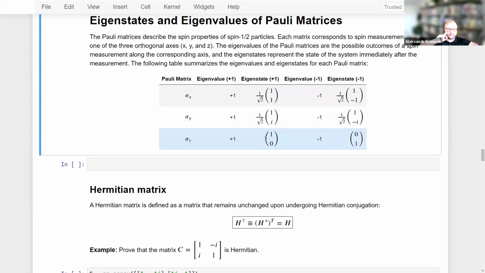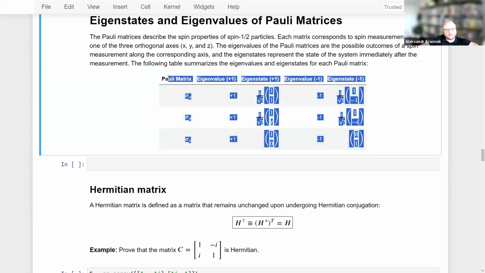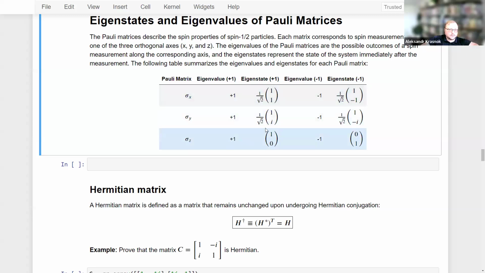It's very important to remember this table because essentially these three types of states form the Bloch sphere. The state plus, state minus, and so on. We will discuss them next week.